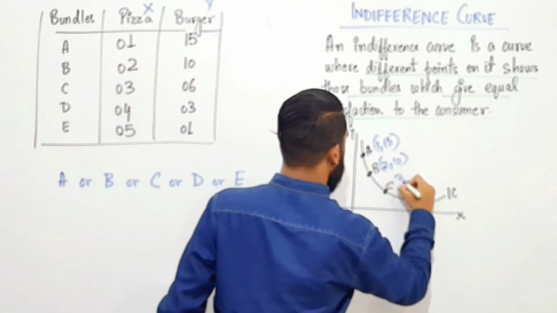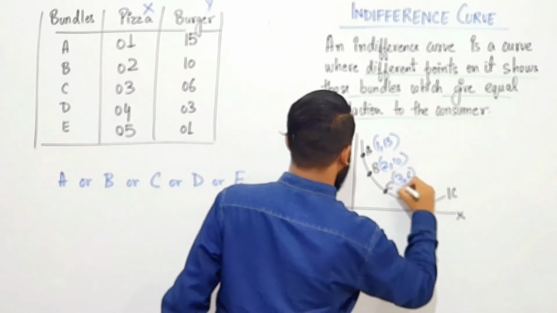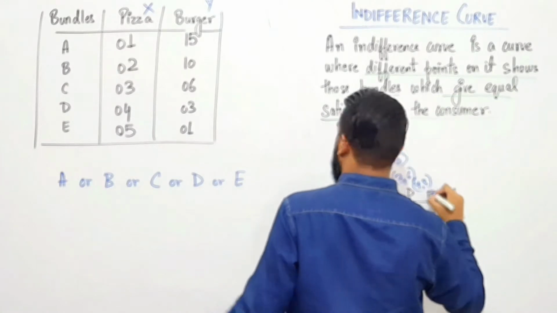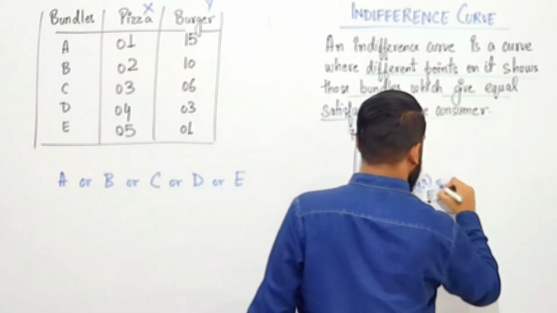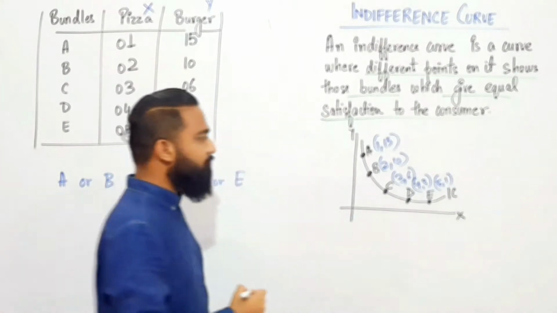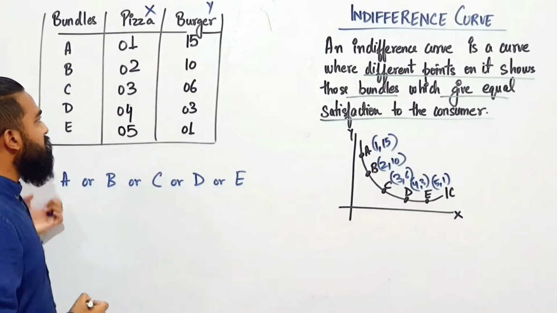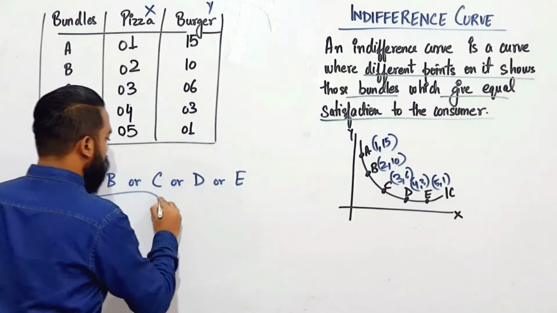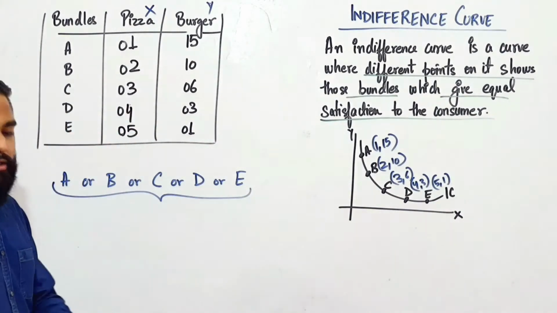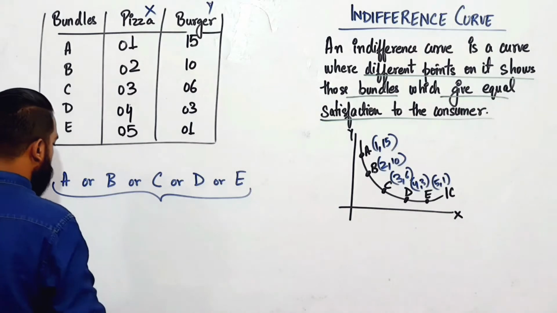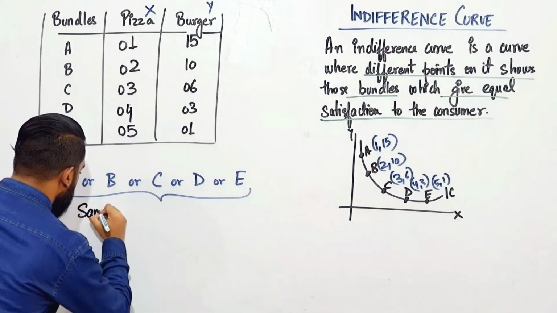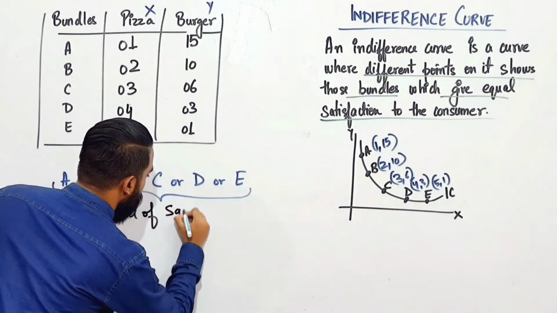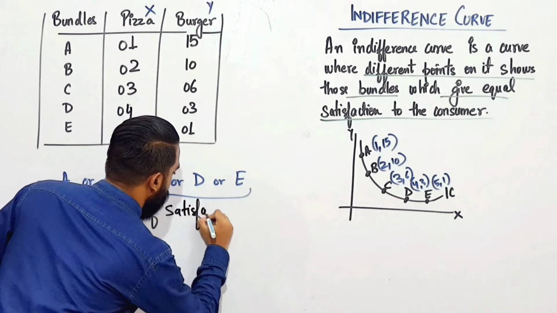Point C shows 3 and 6. Point D shows 4 and 3. And point E shows 5 and 1. So these points are showing these combinations. Now these bundles show the same level of satisfaction.